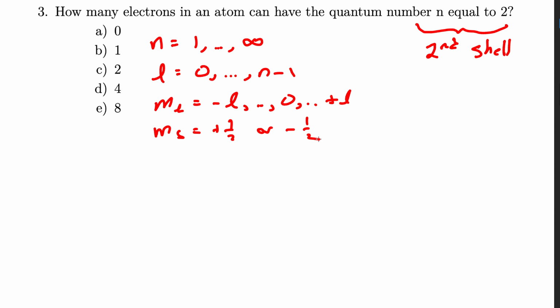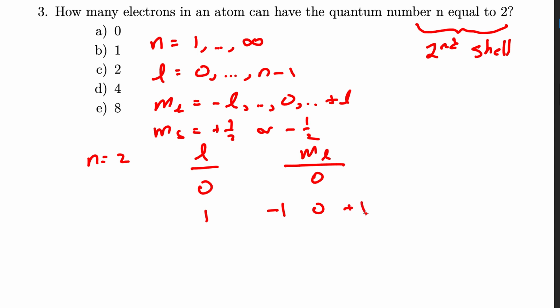And so if N equals 2, that means L can be 0 or 1. Now, if L is 0, M sub L is 0. If L is 1, M sub L is minus 1, 0, plus 1.